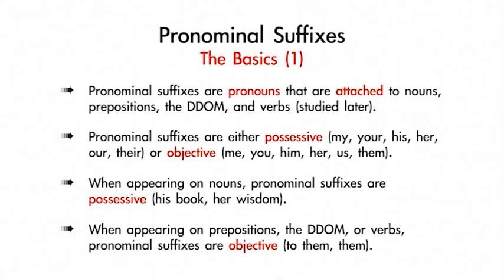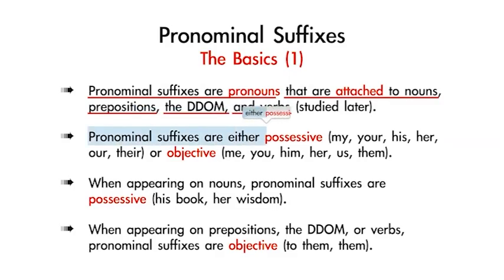Pronominal suffixes, let's consider the basics together. First, pronominal suffixes are pronouns that are attached to nouns, prepositions, the definite direct object marker, and verbs, and we'll study their attachment to verbs later. Pronominal suffixes are either possessive, as in my, your, his, her, our, their, or objective: me, you, him, her, us, them.